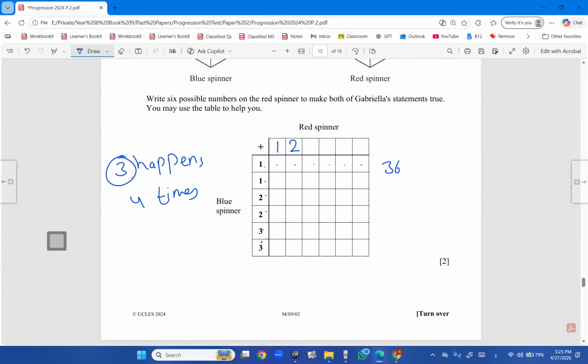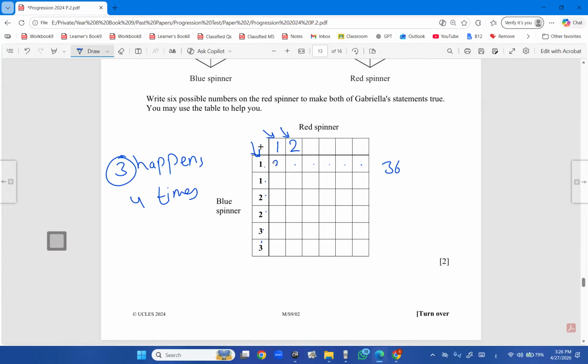What are the possible numbers that will add to give you a 3? Only the 1 might give you a 3. Only the 2 might give you a 3. The 3 will never give you a 3 if you add it to any of these numbers.